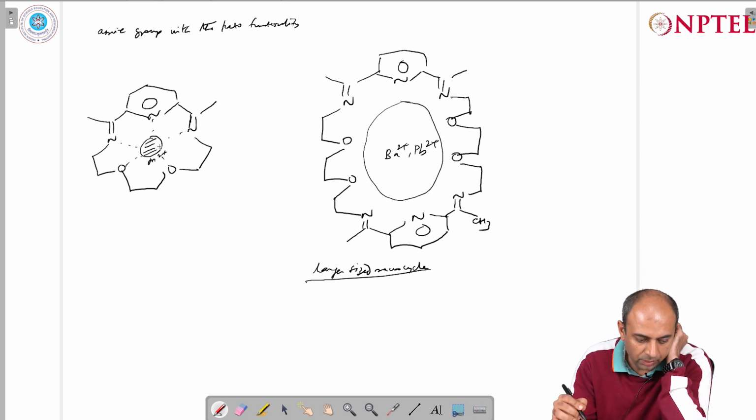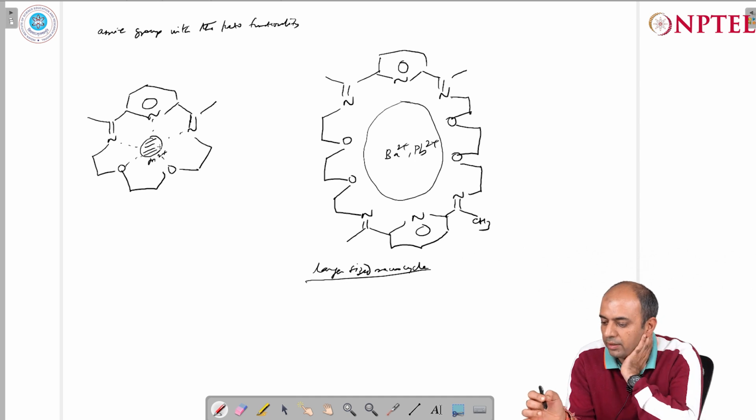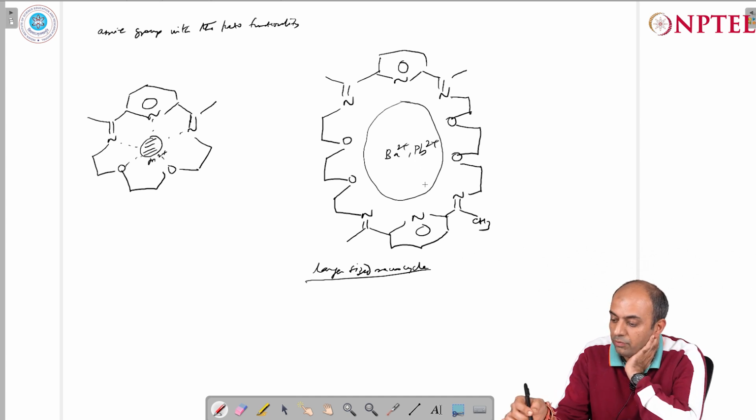So the size of the macrocycle depends upon the size of the cation which is templating this macrocyclic effect.